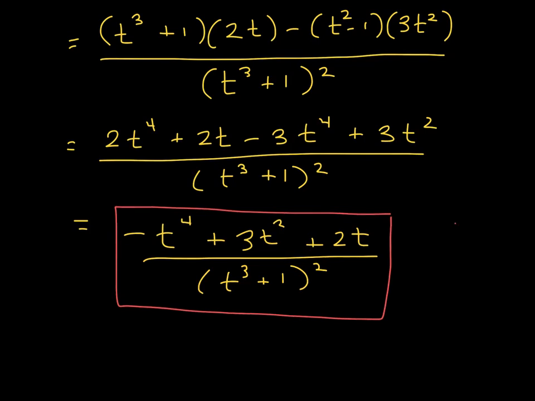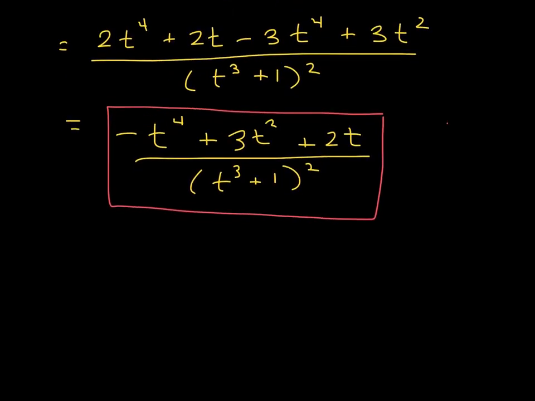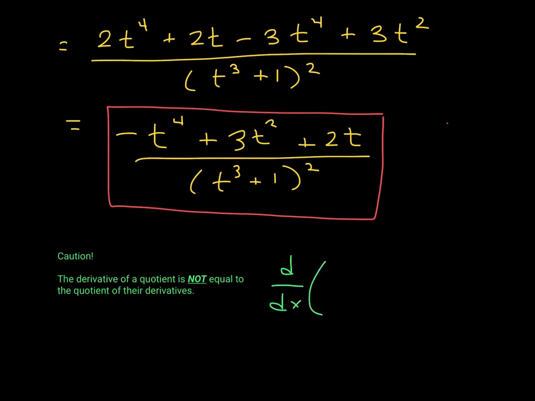Now, just a word of caution, similar to the one I gave earlier: the derivative of a quotient is not equal to the quotient of the derivatives. That is to say, the derivative of u over v is not just u prime divided by v prime.